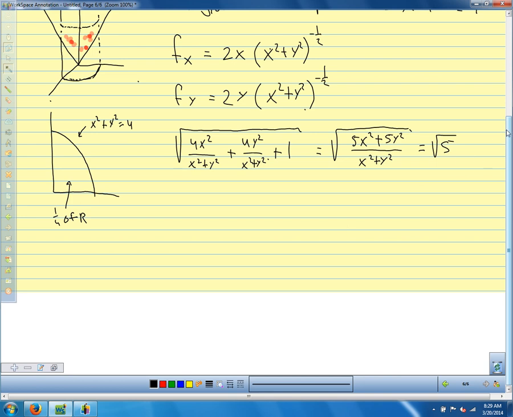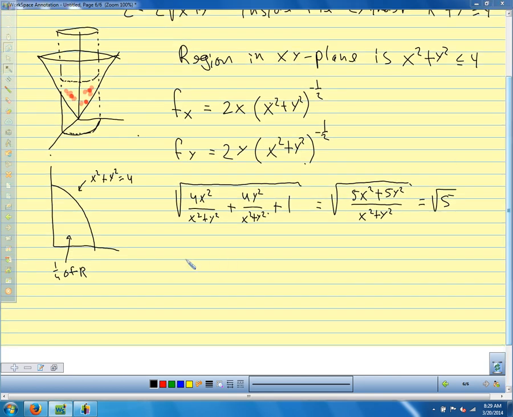So our double integral, if we set it up in polar coordinates, so S would be the integral from 0 to 2 pi, the integral from 0 to our radius, which is 2, of the square root of 5 r dr d theta. Well, what's the double integral of r dr d theta?